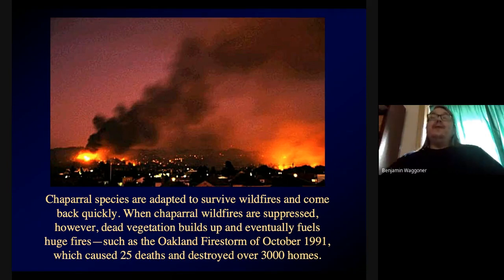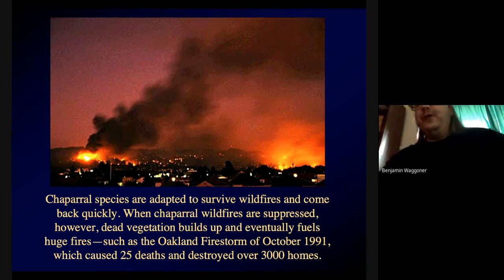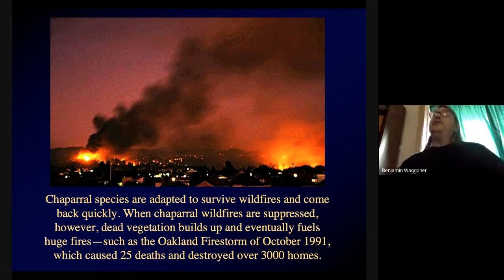And eventually they ended up as fuel for a fire in 1991 that killed 25 people and destroyed over 3,000 homes. If you're a baseball fan, you should look this up, because there was so much smoke coming from the Oakland Hills that it actually disrupted, I think it might have been the World Series.